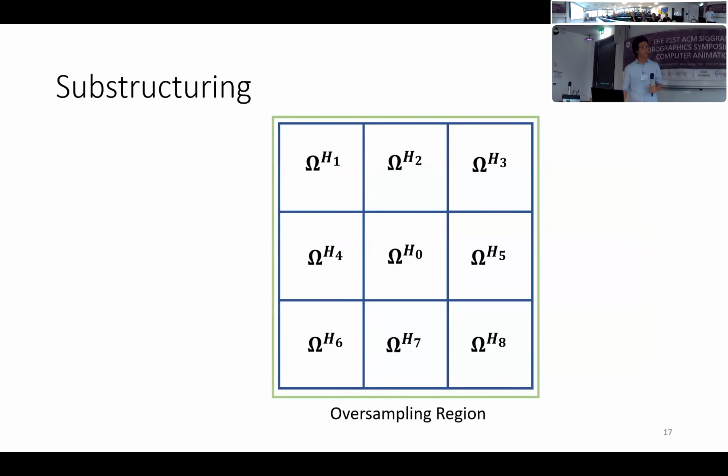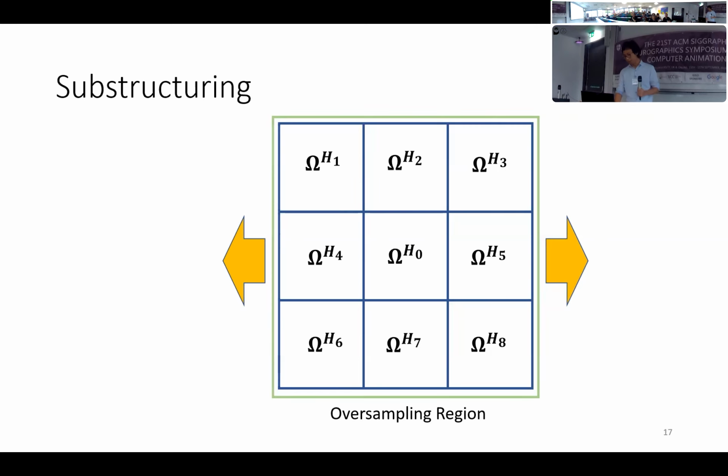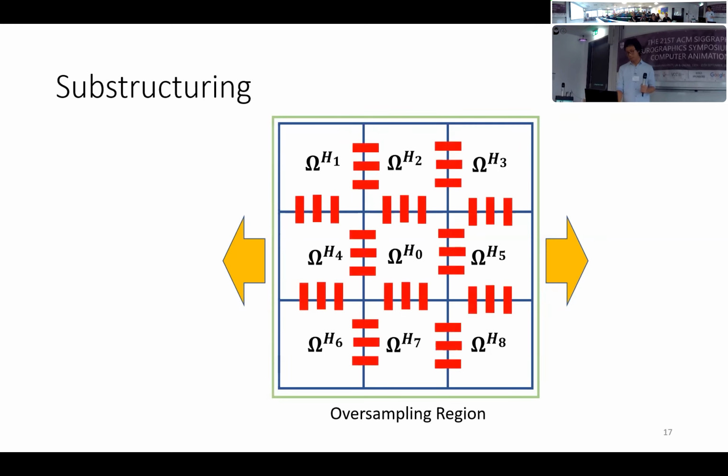To further accelerate the sampling, we use a substructuring strategy. We can see this system as a constraint optimization. You have constraints between each coarse cell.